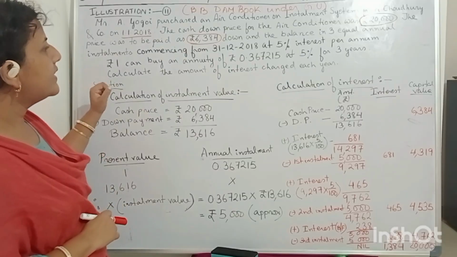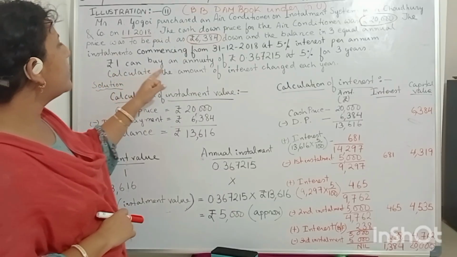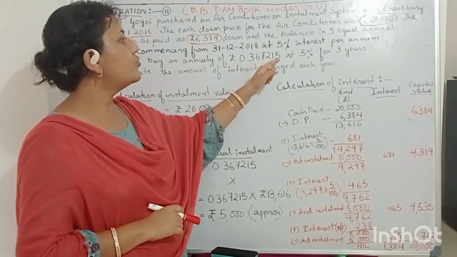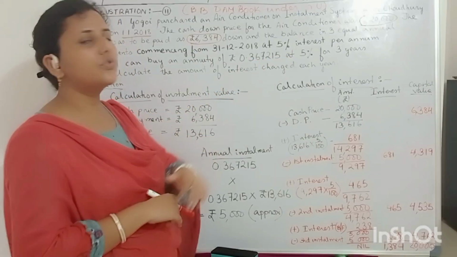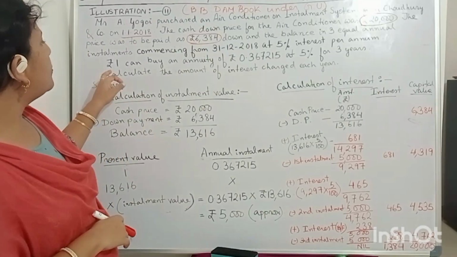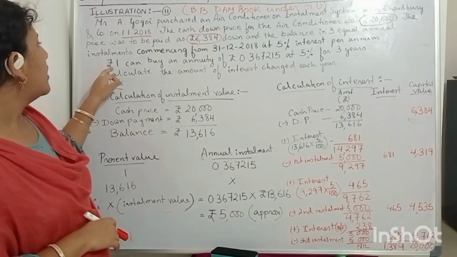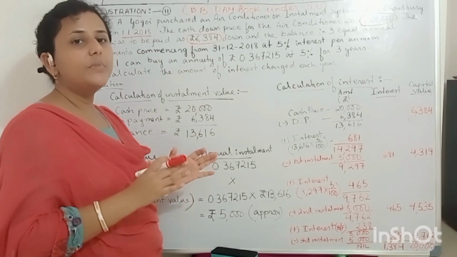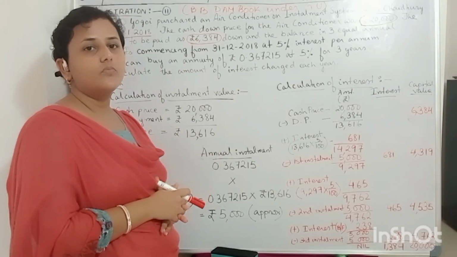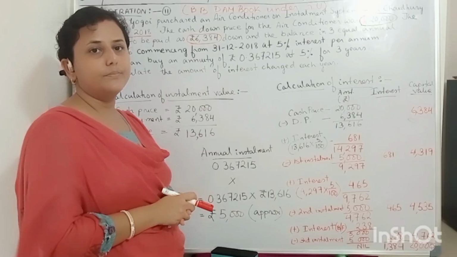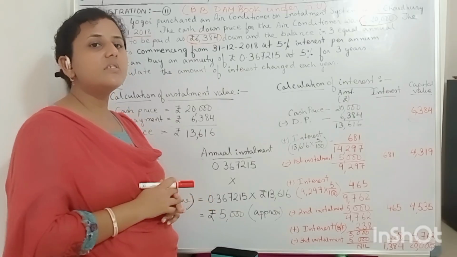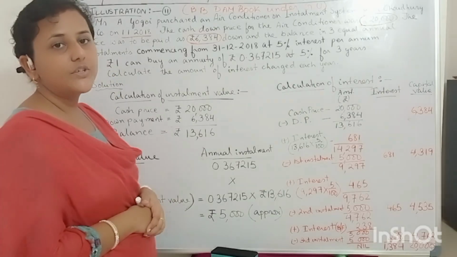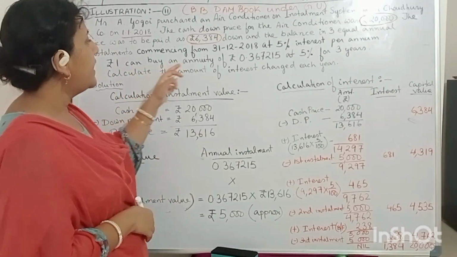Here in the next line it is said ₹1 can buy an annuity of ₹0.367215 at 5% for 3 years. So ₹1 is the present value. So what do you mean by present value? It is the cash price. Present value means it is the cash price. So here ₹1 is the cash price. It can buy an annuity.